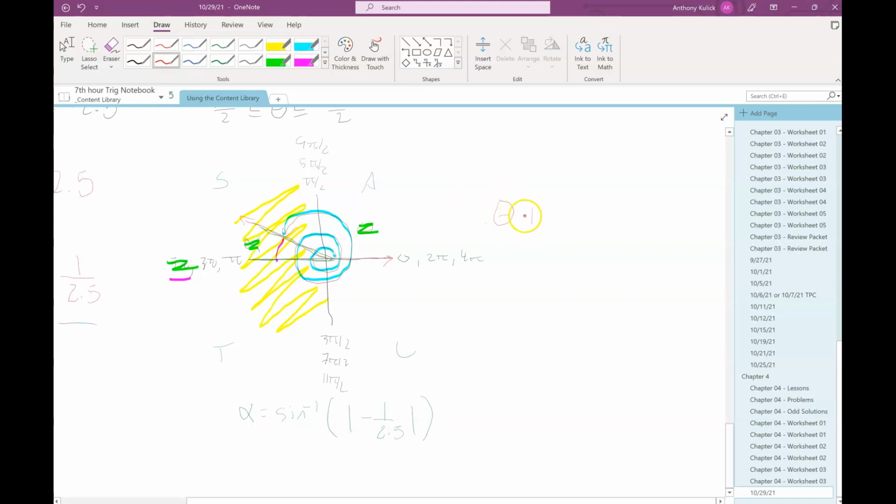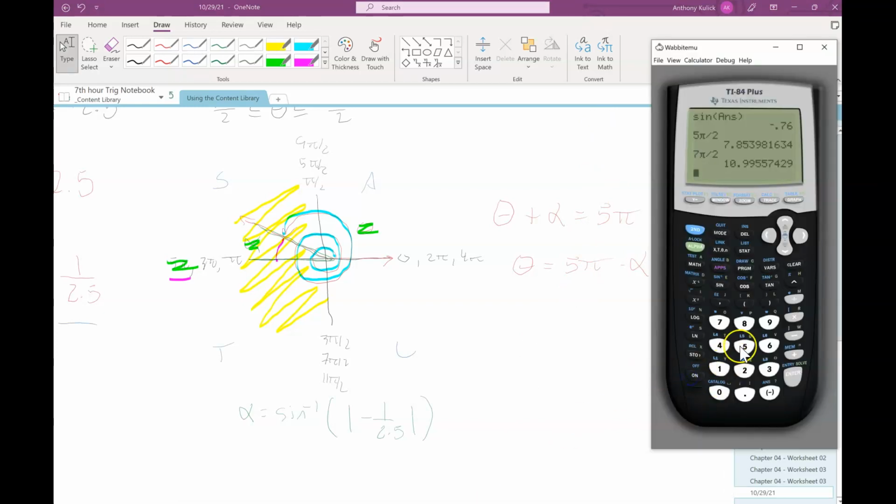So theta plus alpha equals 5 pi. I can subtract alpha from both sides. So theta is 5 pi minus alpha. And then I go to my calculator. So I get 15.30, I guess.